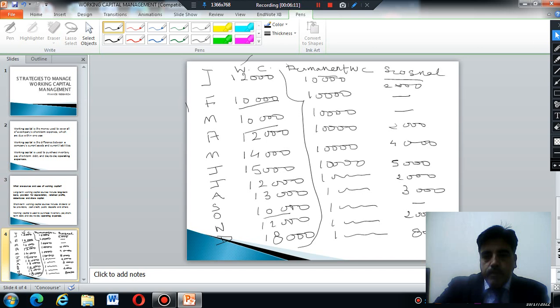In some of the books, you will find the same hedging concept given as the matching concept. Most businesses adopt these strategies to meet their monthly requirements. Whatever amount we have taken here, for example this 10,000, in all the months we at least need this much.